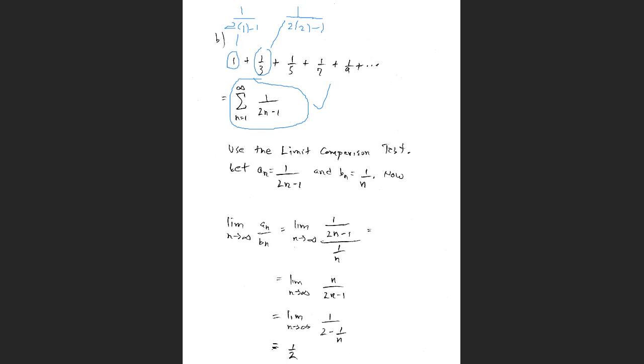The fifth is the same as 1 divided by 2 times 3 minus 1. So I think you get the idea here. And what we're going to do is use the limit comparison test.